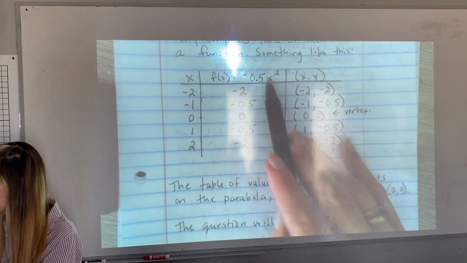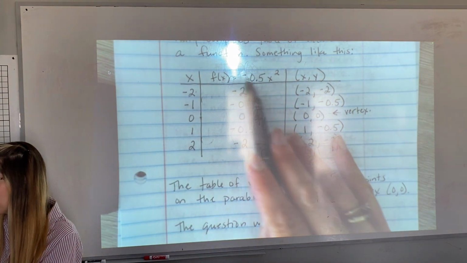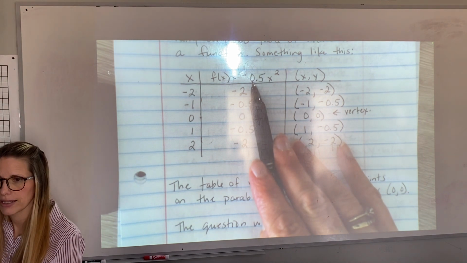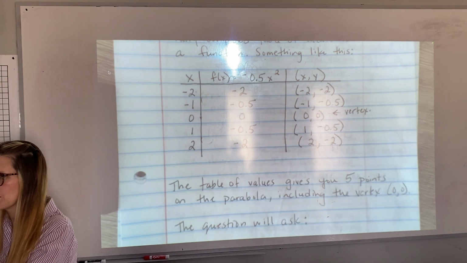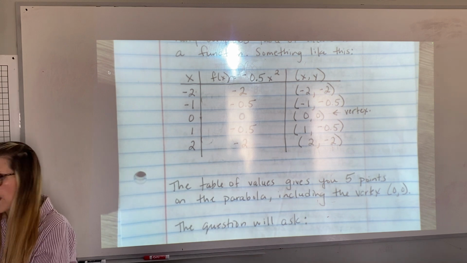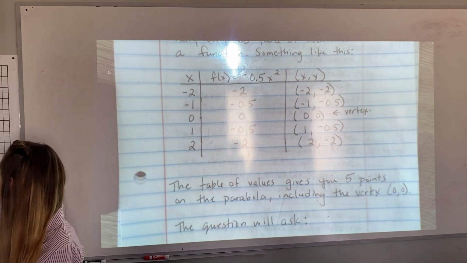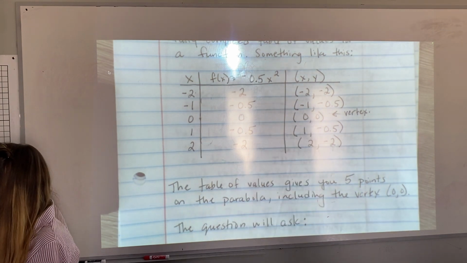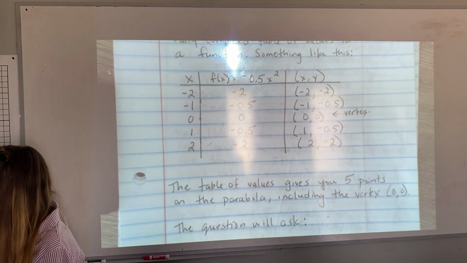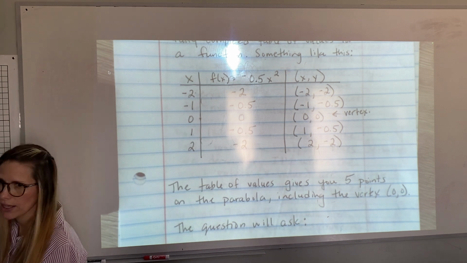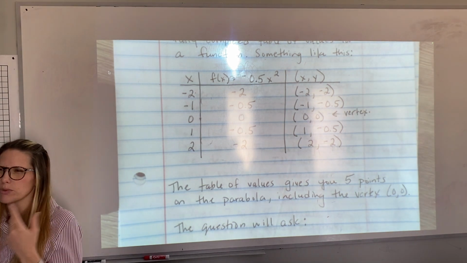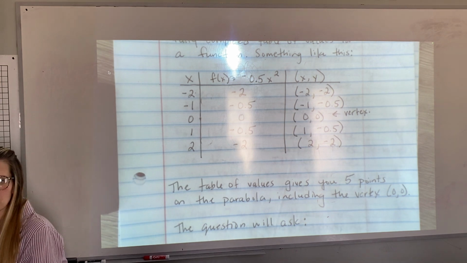After it's squared, it's being multiplied by this negative number, which will turn everything negative, because you'll have a positive number being multiplied times a negative. All of your outputs are going to be negative. If this is the vertex right here at 0, 0, the parabola will literally be here, and every y value is going to be negative, except for the vertex y value, which is 0. It's almost negative, but it's not.